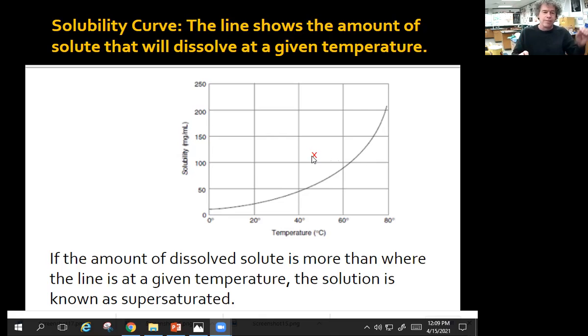And then the molecules or the atoms will get deposited onto the crystal, and crystals will grow over time in this situation. And again, a supersaturated solution is one where, at a given temperature, you have more solute dissolved into the solvent than can stably fit.